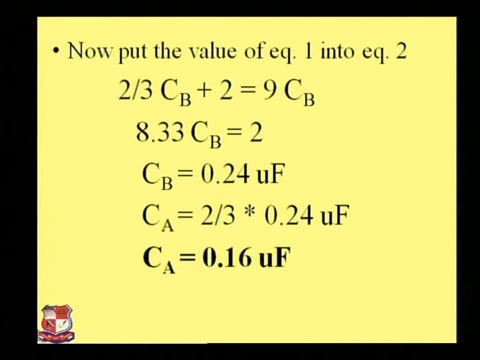So ultimately 8.33 Cb equals 2, so Cb equals 2 by 8.33, which is 0.25 microfarad for capacitor B. Putting the value of Cb into equation 1, Ca equals 2 by 3 into 0.24 microfarad, which equals 0.16 microfarad. So here we have found the values of capacitance A and capacitance B.